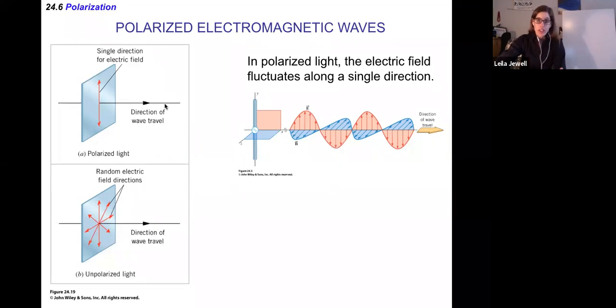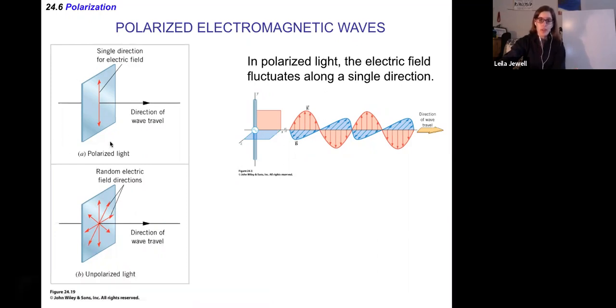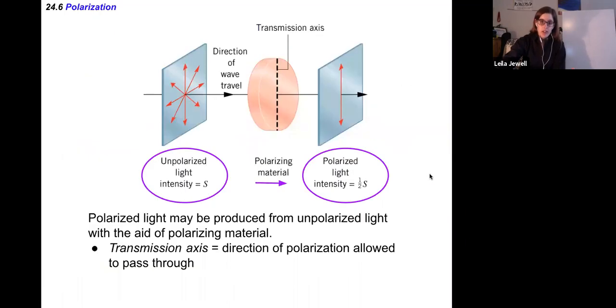But natural light, like what comes from the sun, is actually unpolarized. It has random electric field directions, right? So the electric field could be up and down, but it could also be left and right or at other angles. This is sort of our default light, and we actually have to work to make it more polarized. If we pass it through a polarizing material like the vertical slit, then it just lets the vertical component of the electric field through.